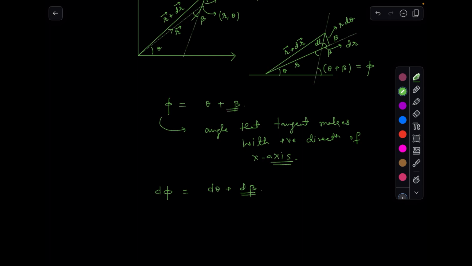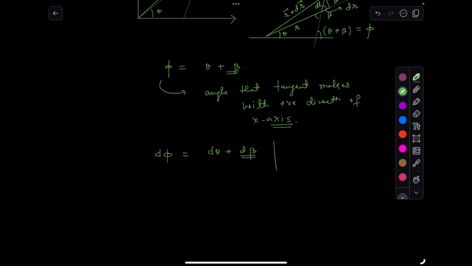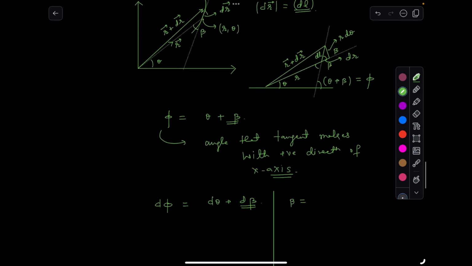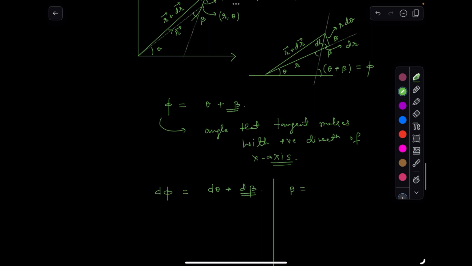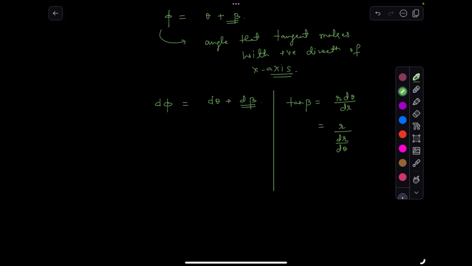tan beta as r d theta divided by dr, and it will become r divided by dr by d theta, and we are denoting dr by d theta as r dot.